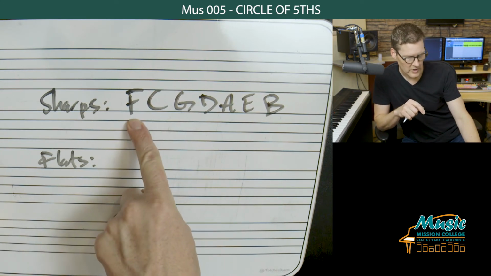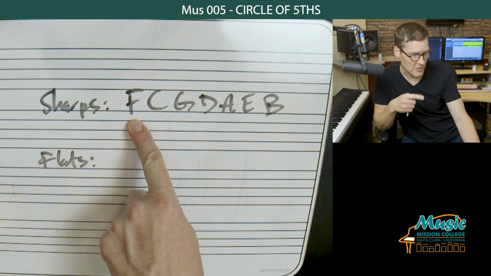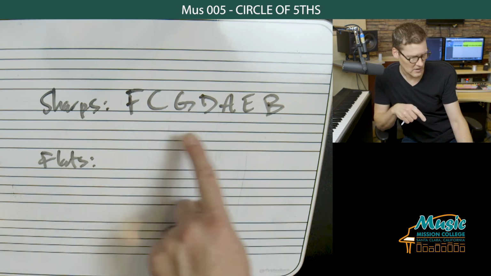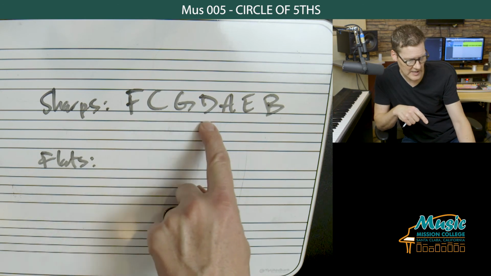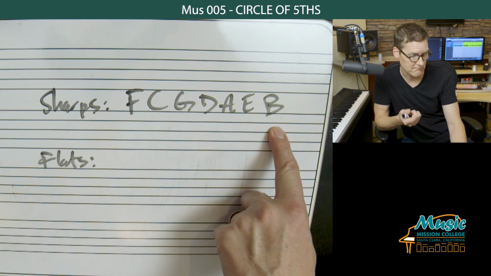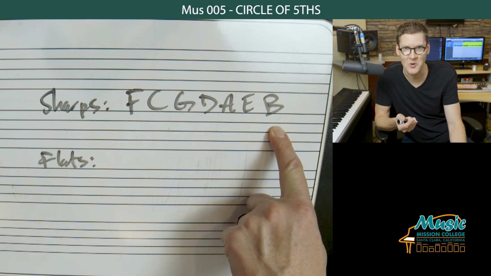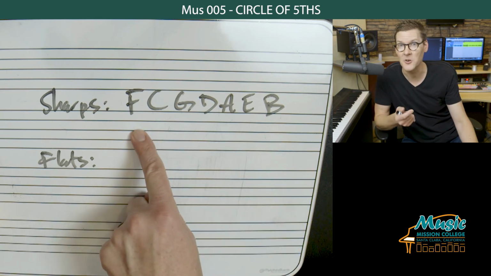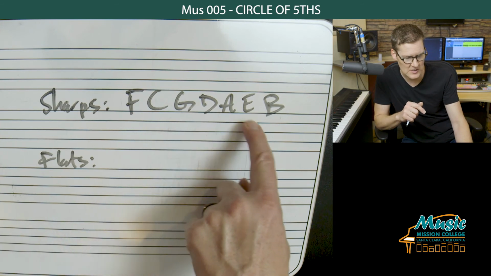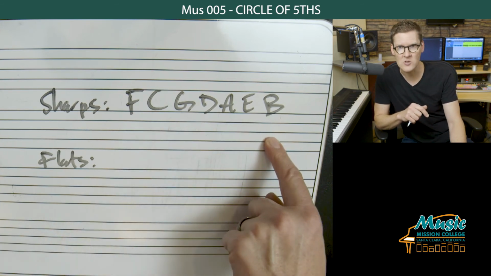So the little thing that we sometimes use to help people memorize the order of the sharps is fat cats go down alleys eating birds. Or brisket. Whatever you want them to eat, you can make up your own, I don't care. That's the one I learned in school. Fat cats go down alleys eating birds. It will always be in this order.